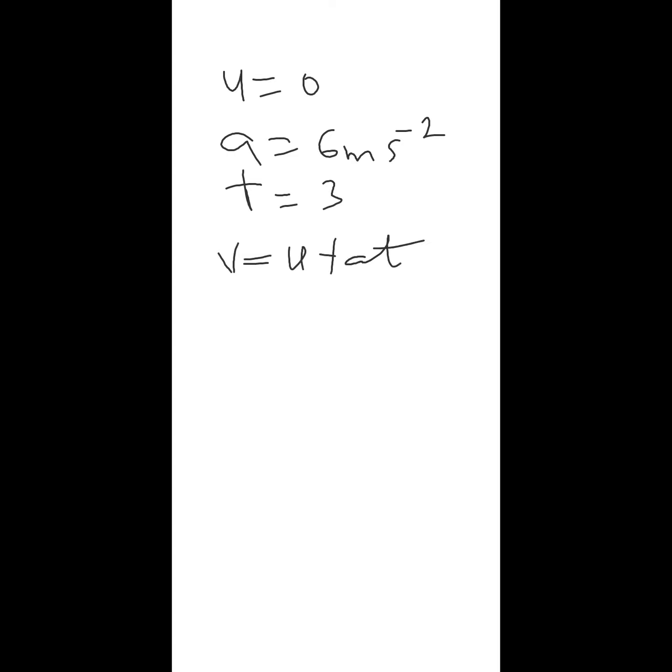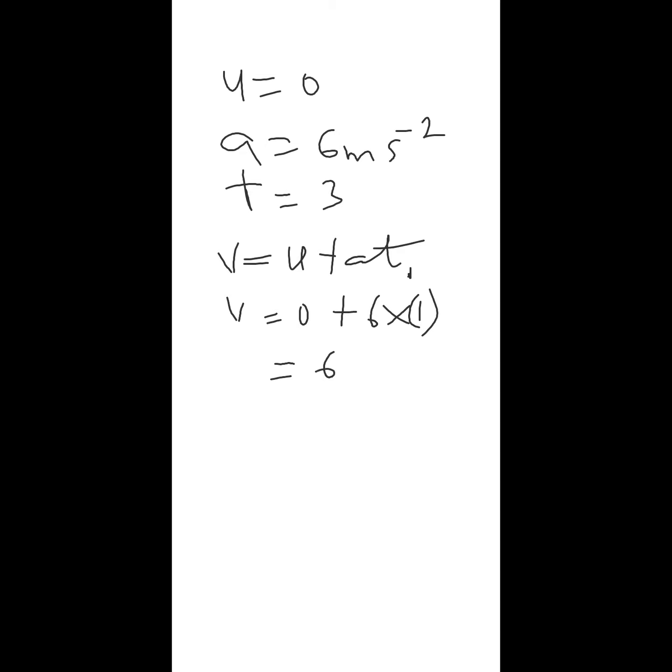Now, when it is the first second, it will be V is equal to 0 plus 6 times 1 at t is equal to 1. Velocity at first second will just be 6. All right, so I call it T1.